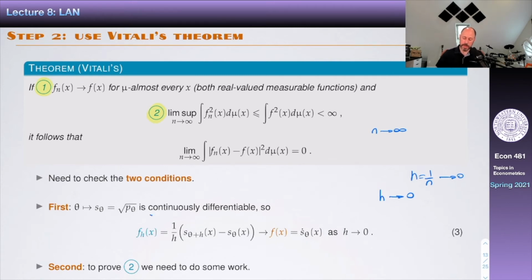By continuous differentiability, this is the definition of the derivative. So f of h converges to f, the derivative of s, as h goes to 0. So the first part of Vitali's theorem follows by our assumption that s is continuously differentiable. So we're good then. The part that we need to prove is the second part, which involves the inequality that I want to do next. Questions?